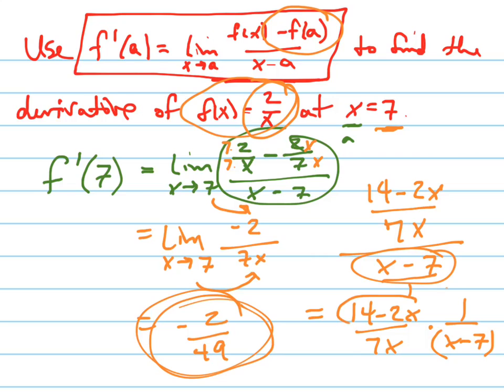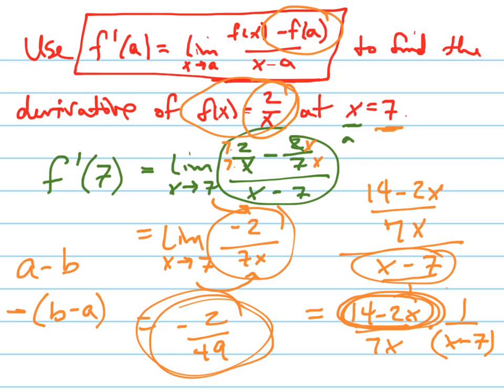And then this thing right here, remember if you have a minus b, it's the same as negative b minus a. You can just basically factor out a negative 1. So I noticed, oh look, that's 7. If I factor a 2 out, that would be 7 minus x. Well, why don't I factor a negative 2 out? So that it's x minus 7, and those will cancel. And that's what I did, and that's how I got that right there.